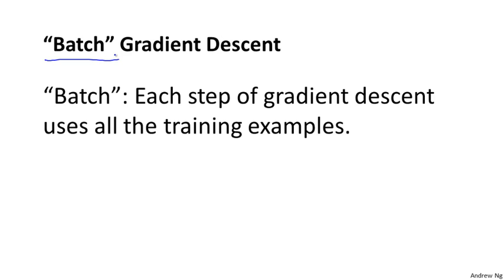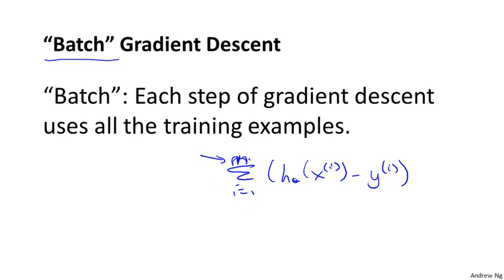So when computing derivatives, we're computing these sums. In every step of gradient descent, we end up computing something like this that sums over all m training examples. And so the term batch gradient descent refers to the fact that we're looking at the entire batch of training examples. And again, this is maybe not a great name, but this is what machine learning people call it.